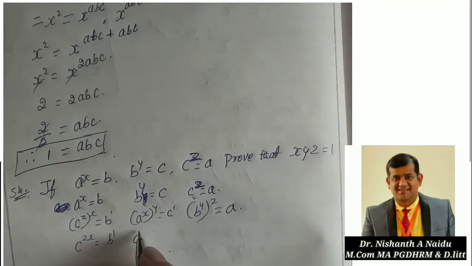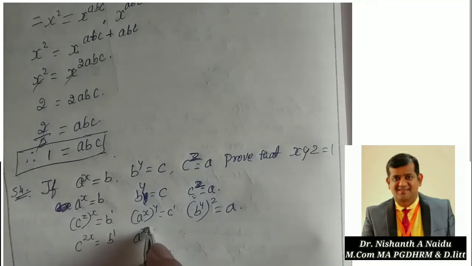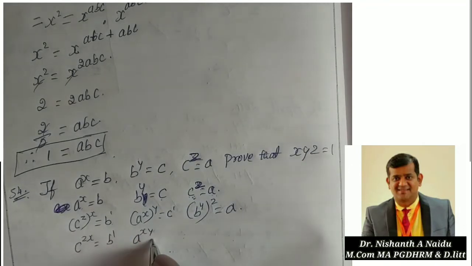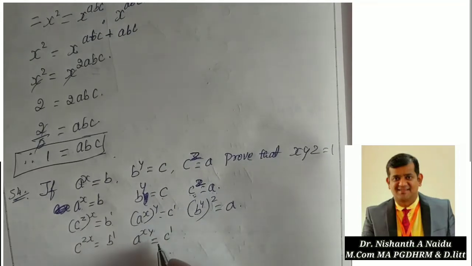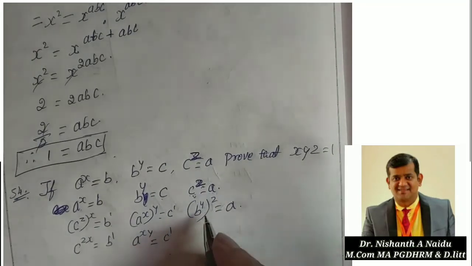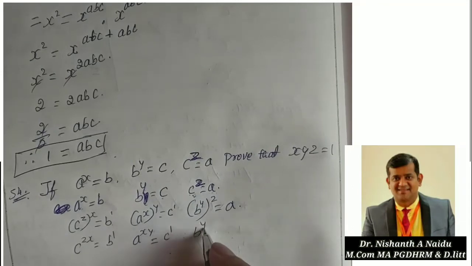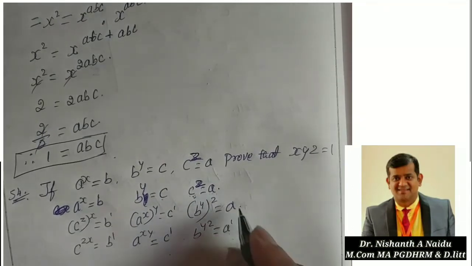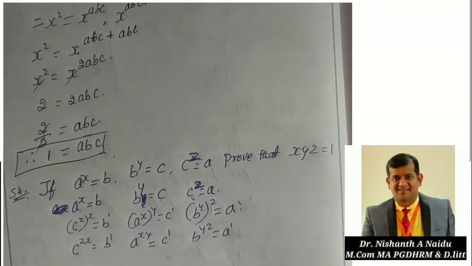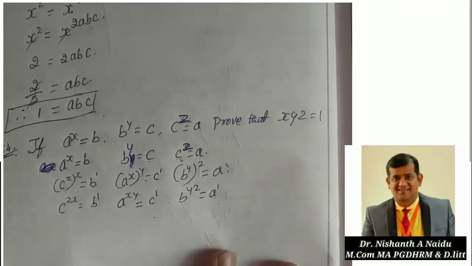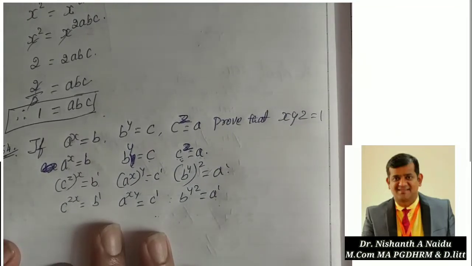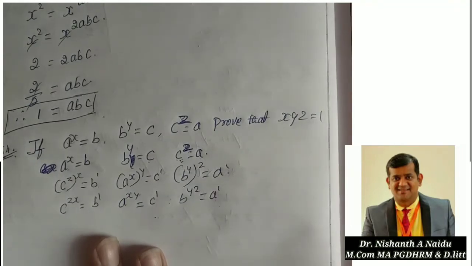The same way a to the power of xy, correct, a to the power of xy, that is x into y, equals c dash, and the same way b to the power of y into z, yz equals a dash. Okay, till here you are clear, right?